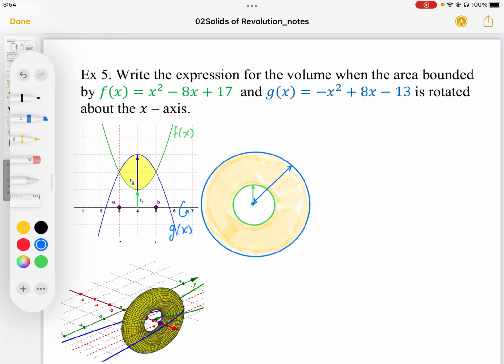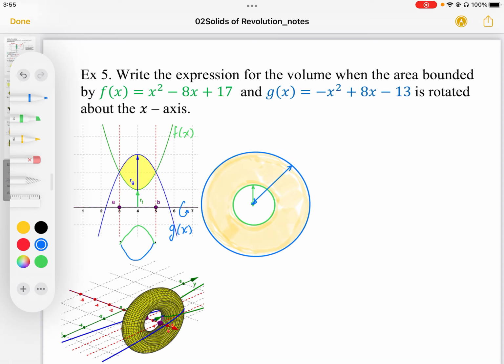First of all, if we take a look at that yellow area and rotate it, it's going to give us a shape that looks kind of like this. I'm going to try to sketch it in. It's not super easy to sketch, but there is the top half of the parabola, sorry, the inside of the shape that we're going to generate.